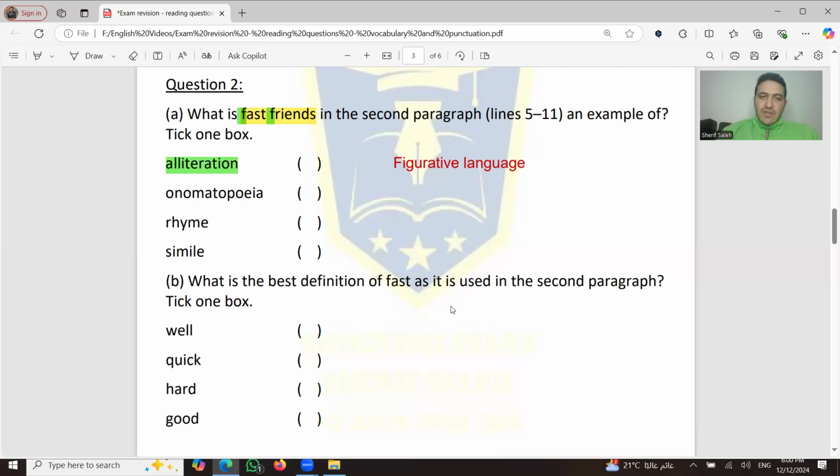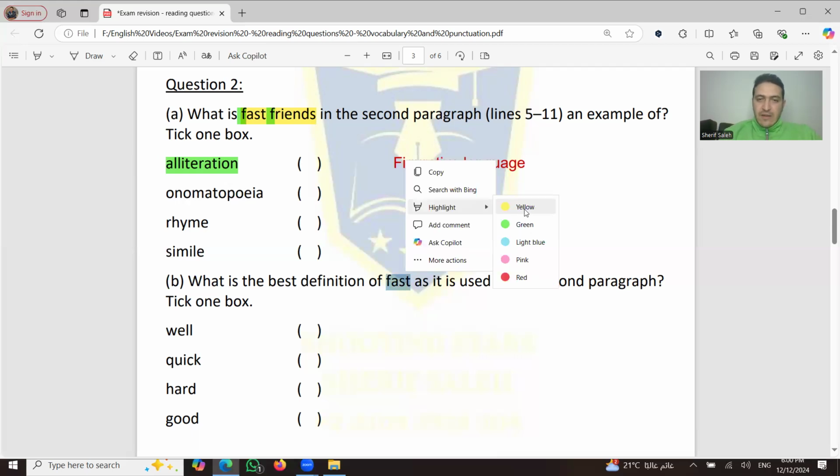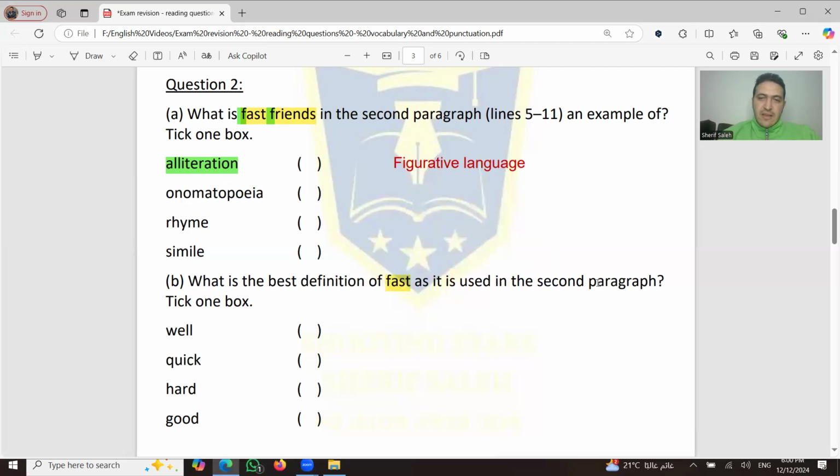Now, the second question here is, what is the best definition of fast? Or what is the meaning of fast as it's used in the second paragraph in fast friends? Okay. Fast friends, when we speak about friends, and this is also one thing that you should know or should be prepared with, we know that there are two types of friends: good friends and bad friends.